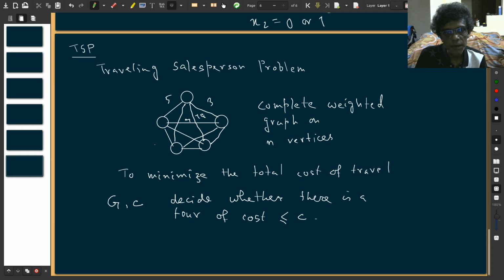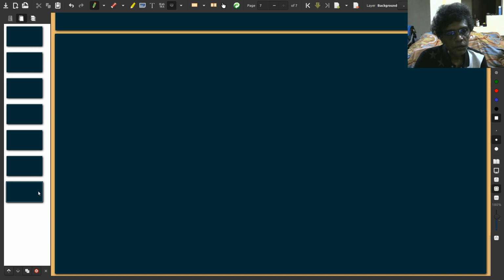This is definitely in NP, because if such a tour exists, give me the tour, I will verify whether the cost is less than or equal to C. Or again, you can take equal to C. Okay, fine. Less than or equal to C is also good. Now, this has a strong resemblance with Hamiltonian cycles in undirected graphs.